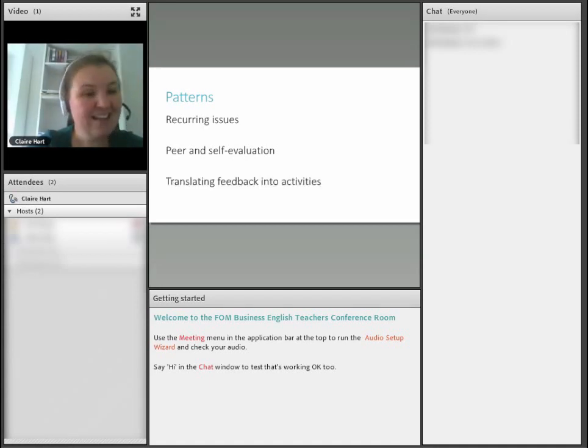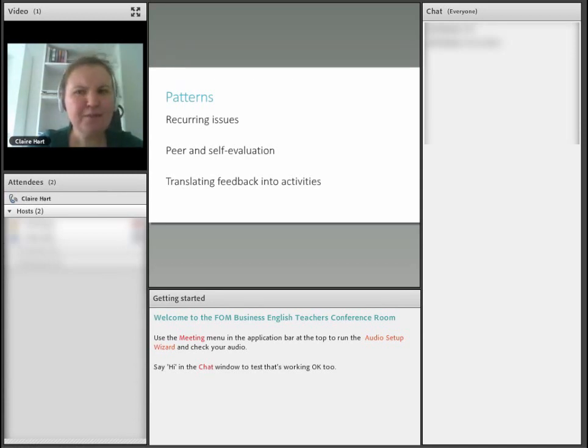Okay. And then it's all very well being aware of it. It's great to get all of this feedback to identify your patterns, but then you need to translate that feedback into activities in the classroom. Okay.